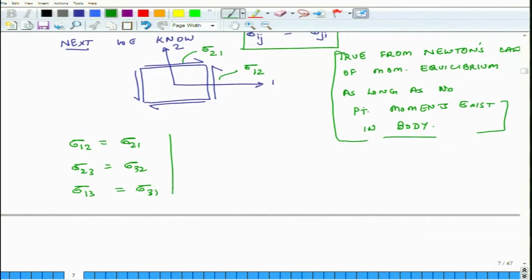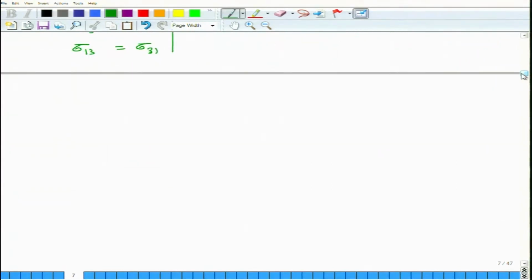So, with this understanding, let us look at our original equation, sigma ij equals E ijkl epsilon kl, and we are summing on indices k and l. Okay.